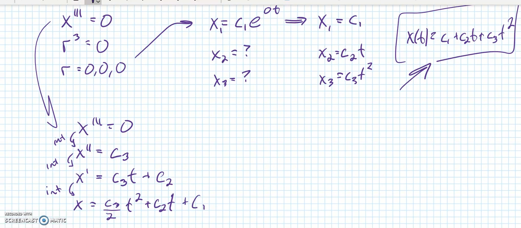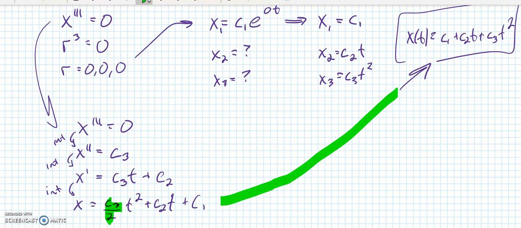Well, I would argue that this guy right here is really just, what's C3, a constant divided by 2? It's really a constant, right? So I would argue that if we do some renaming and back tagging, we could get rid of the 2. So notice that is exactly what we have right here.